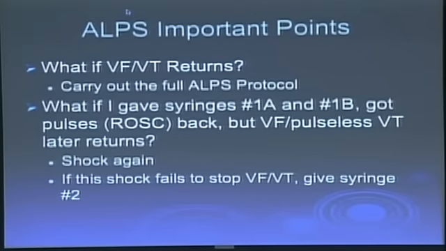If VFib, VTach returns, you do the full ALPS protocol, which is going to be syringes 1A and 1B for the first dose, and then syringe 2 for the next dose. If you had circulation, if you had a non-VFib rhythm after the first dose of drugs and the next shock, then you don't give the second dose, but then if it comes back later, it recurs as VFib, you give that second dose then.